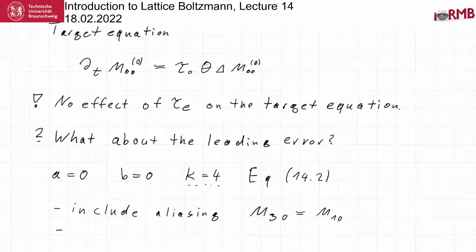This is one assumption, and we include the conservation, meaning that we know that omega 0, 0 at any order is equal to 0.